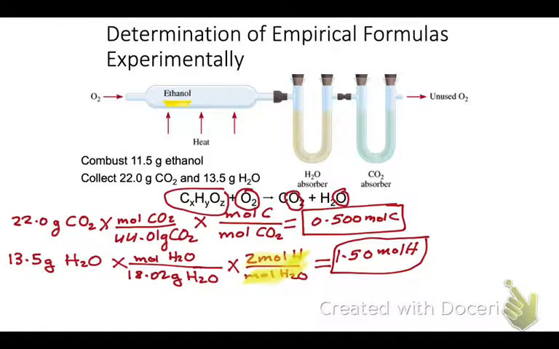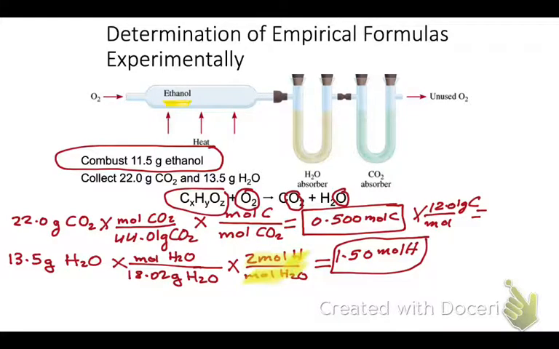So what will be safer to do, since I know that the 11.5 grams of ethanol has only the XYZ of carbon, hydrogen, and oxygen, I already know the moles of carbon and the moles of hydrogen. If I convert that into mass, because I can say there is 12.01 grams of carbon for every 1 mole of carbon, then the mass here will be 6.01 grams of carbon.